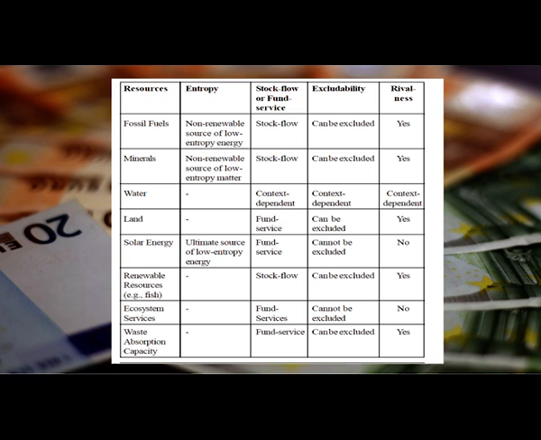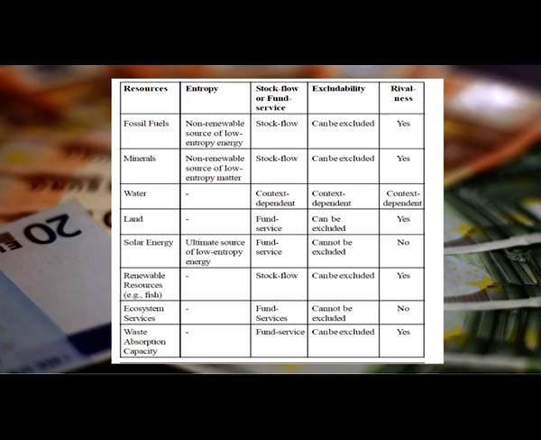From the characteristic of entropy, they are a non-renewable source of low entropy energy, and they are stock-flow resources that can be excluded and are rival. In the same way, minerals are a non-renewable source of low entropy matter. They are stock-flow resources that are excludable and rival.